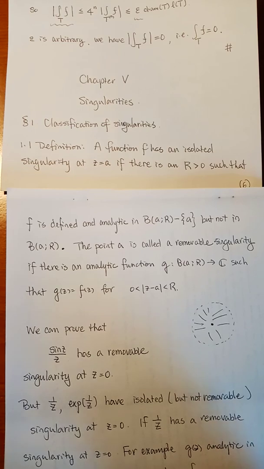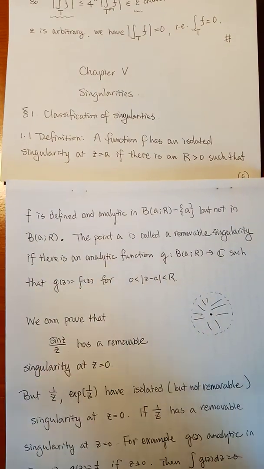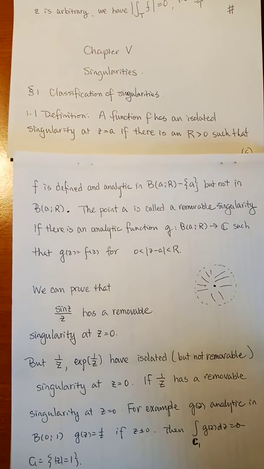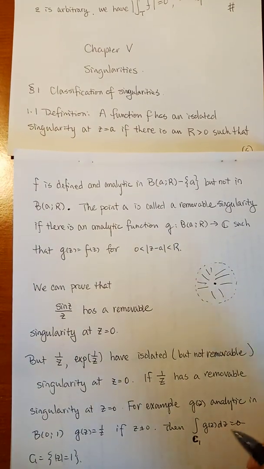Then the integral of g of z dz along the boundary C1, the unit circle, will be 0 because it's analytic, by the Cauchy theorem.